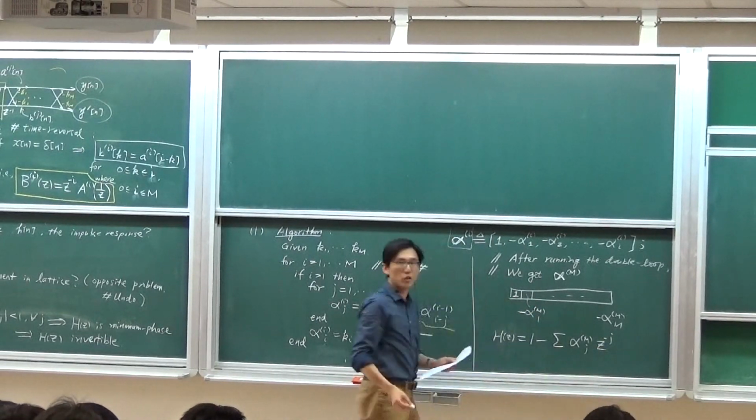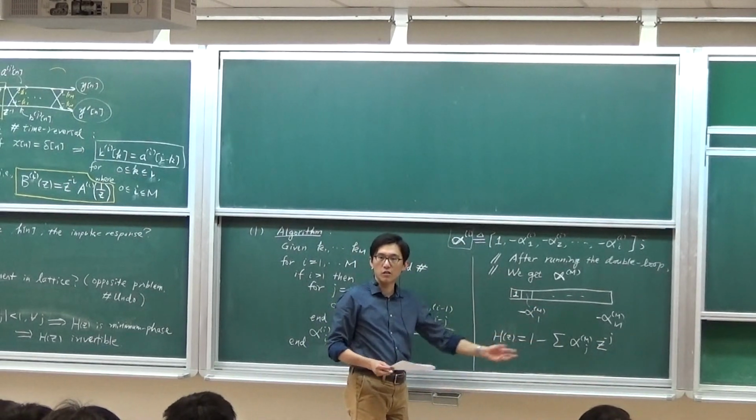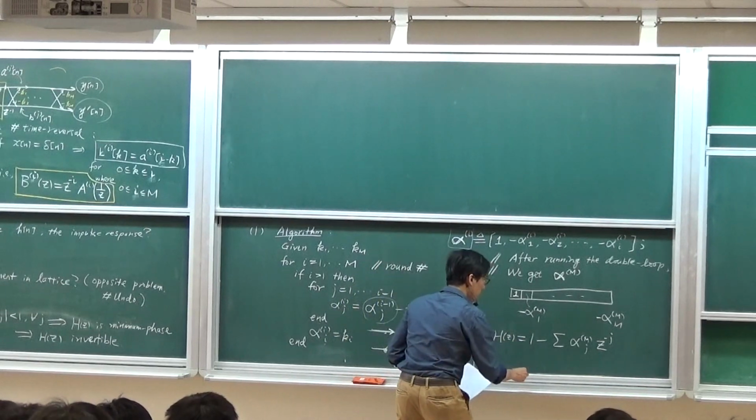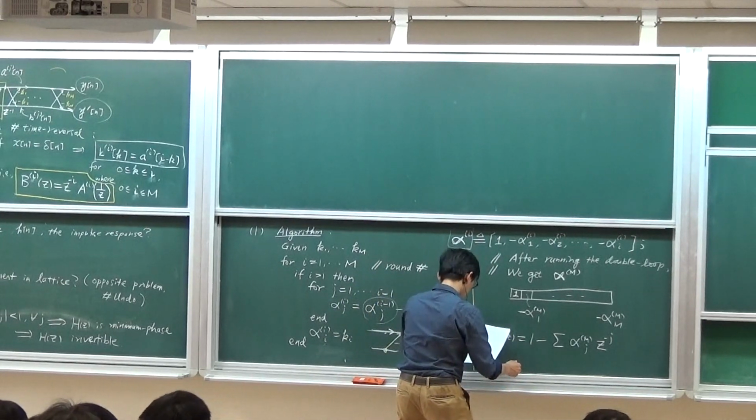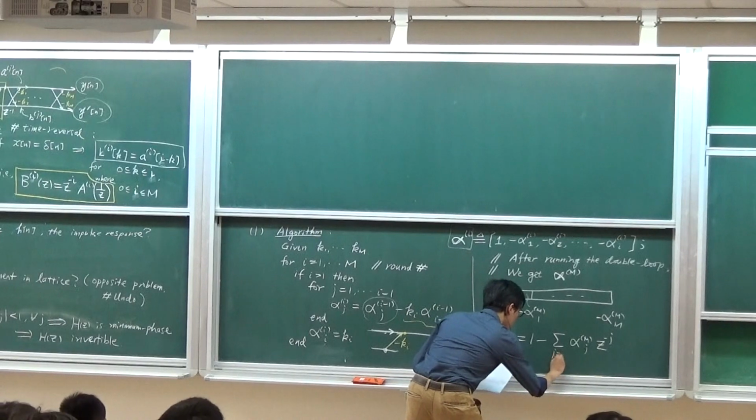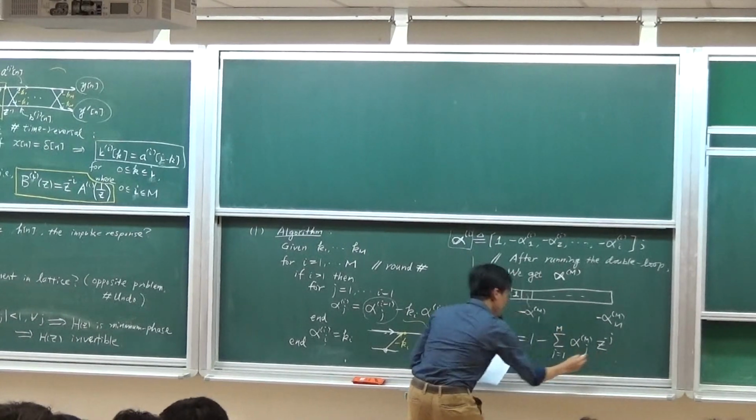And of course, j is not the imaginary unit here. j is an integer, where j goes from 1 to m.